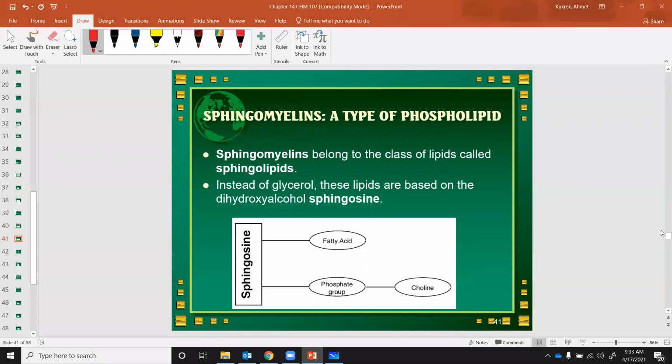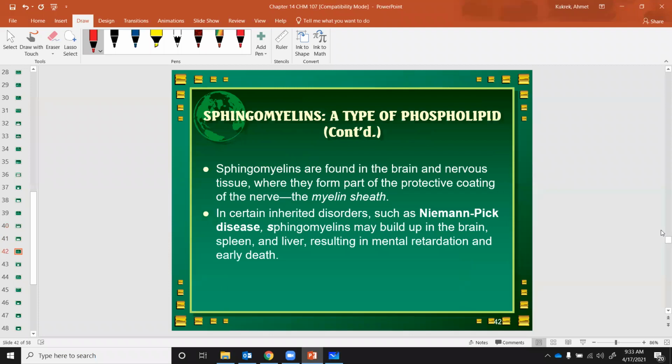And then we've seen sphingomyelins. As you can see, we can find this in our brain, in our nervous tissues, where they form part of the protective coating on the nerve. We have these nerve cells like that, so they are actually protecting our nerve cells.